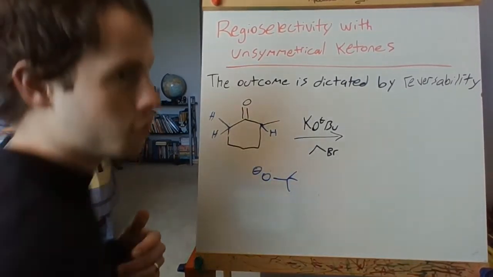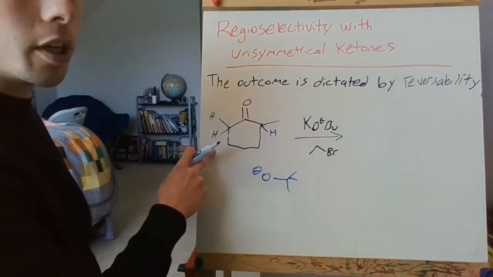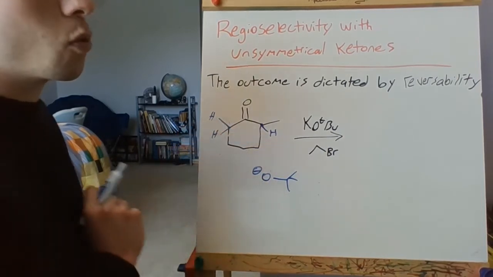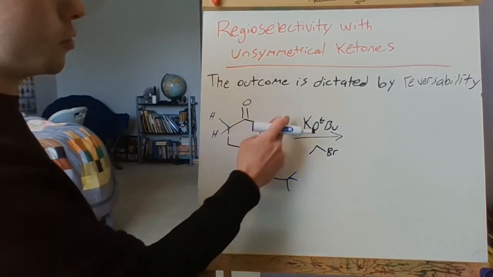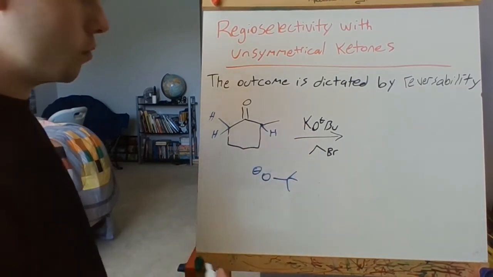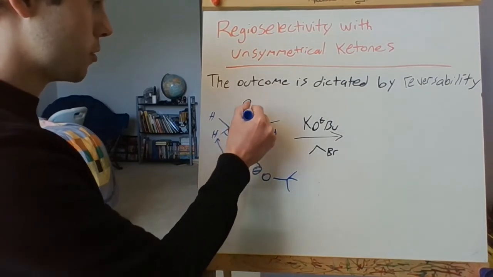And so again, for the same reason as earlier, we have more probability of pulling a hydrogen off of this side, 2 versus 1. And then there's less steric hindrance on this side because there's no methyl group. And so again, probability is we're going to grab one of these hydrogens.